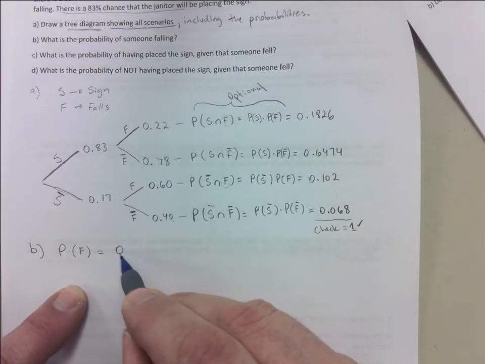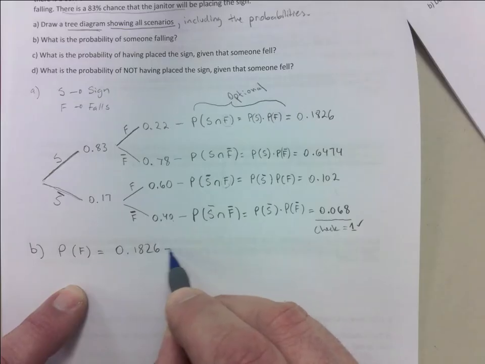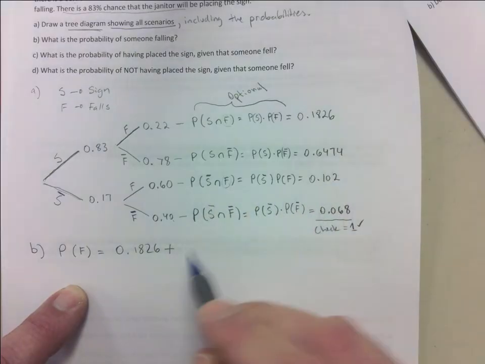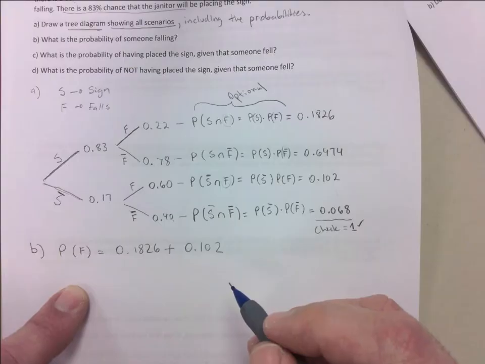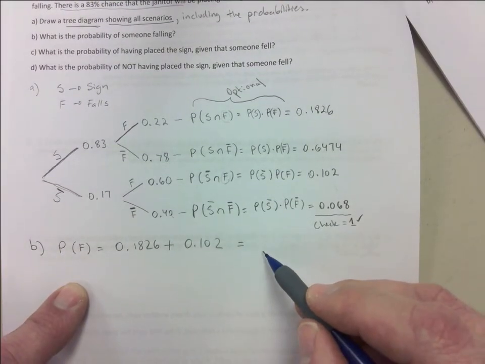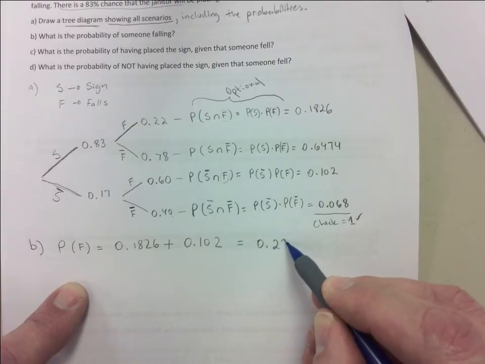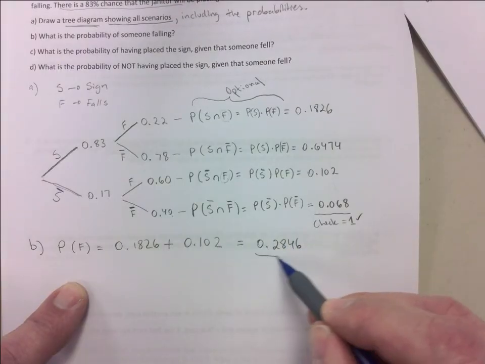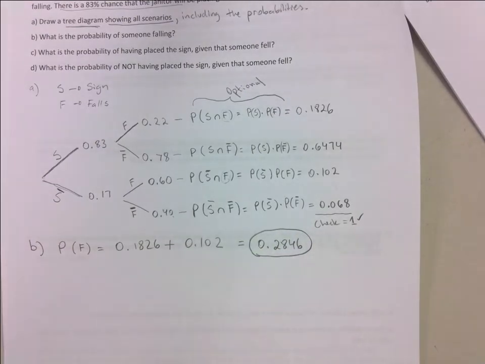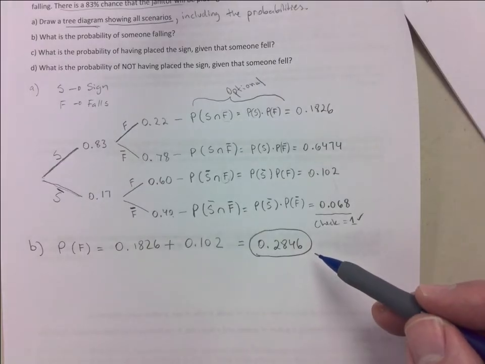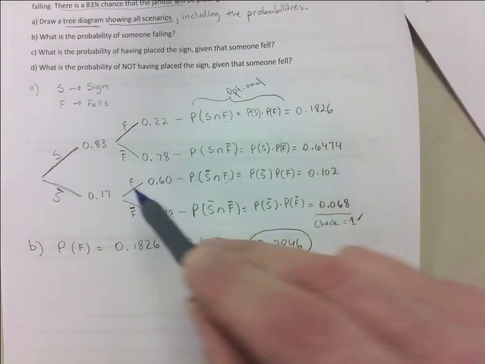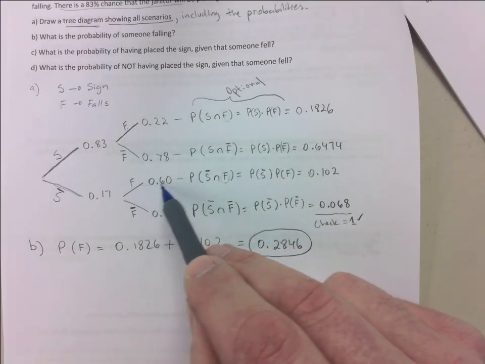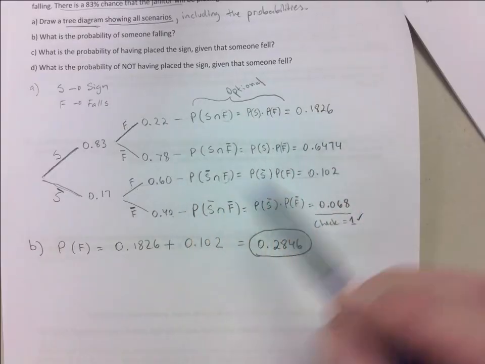So I will just show you here, 0.1826 plus 0.102, and that adds up to 0.2846. If they ask for a percentage, obviously you would want to multiply that by 100, but if they don't say anything, this is all you want, right? So I've added the outcomes where someone falls, this branch here and that branch there.